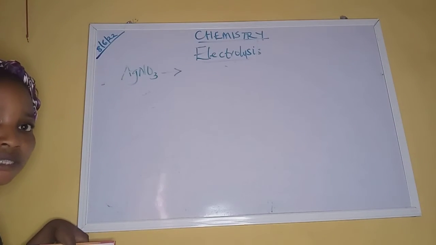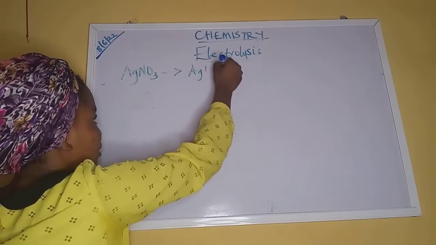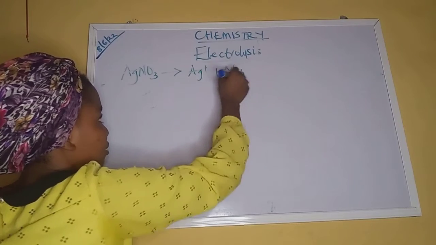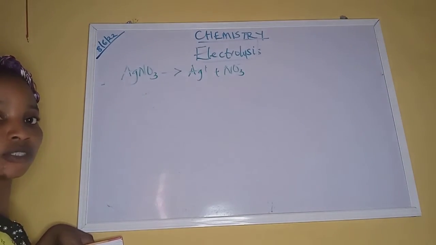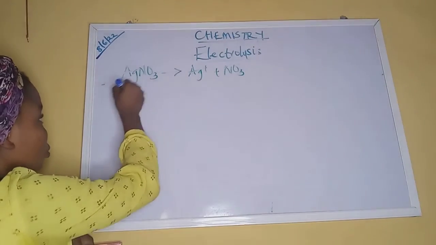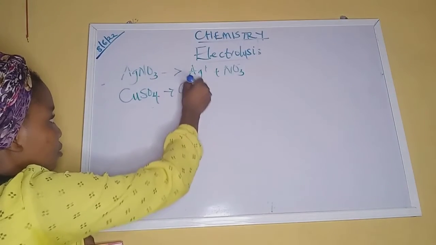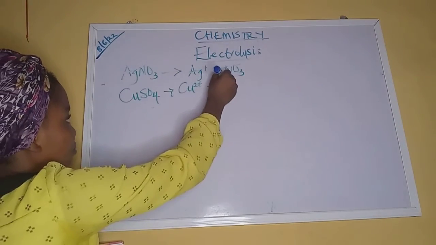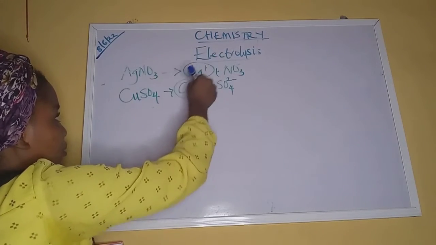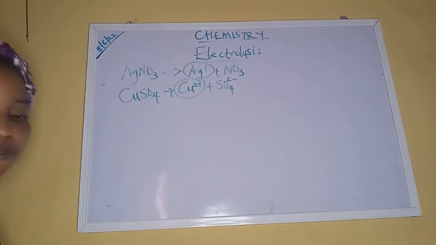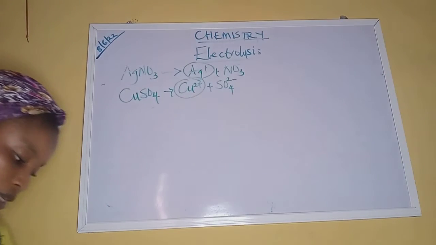If I want to dissociate this, I should have Ag plus and NO3 minus. And if I'm to also dissociate my copper 2 tetraoxosulfate 6, I have this. So these are the two major elements we're looking out for.